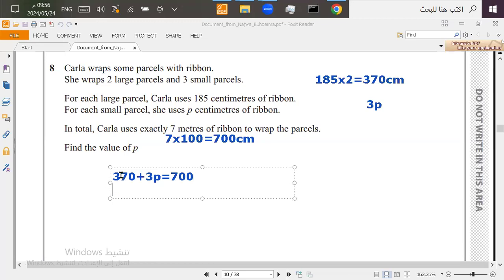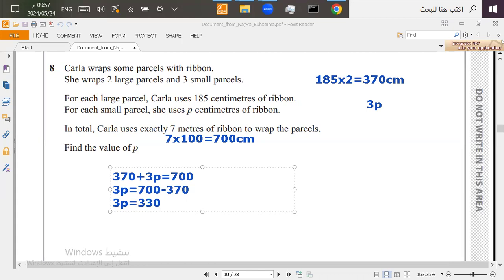Now we take the 370 to the other side. So 3p will equal 700 minus 370, which will give me 330.